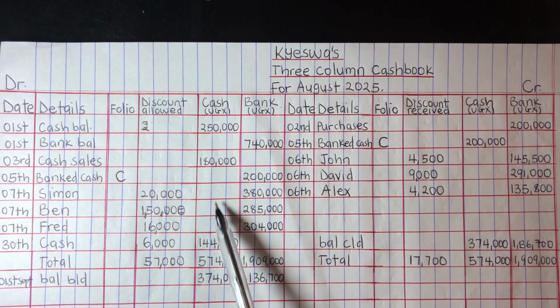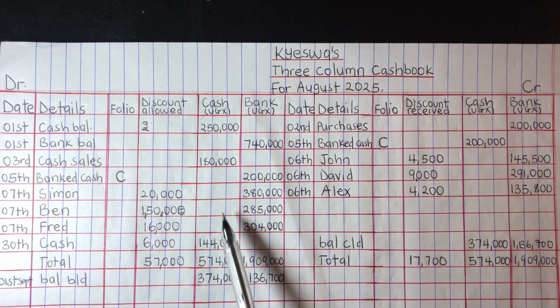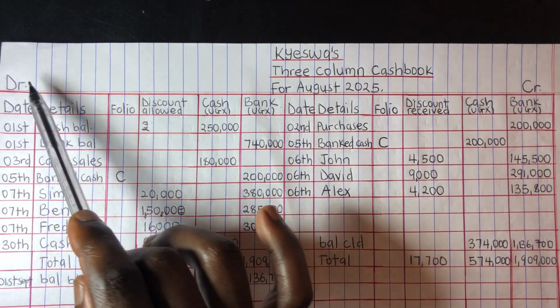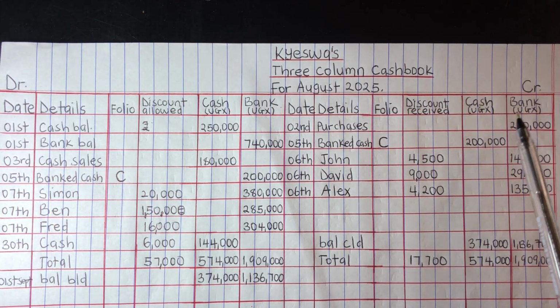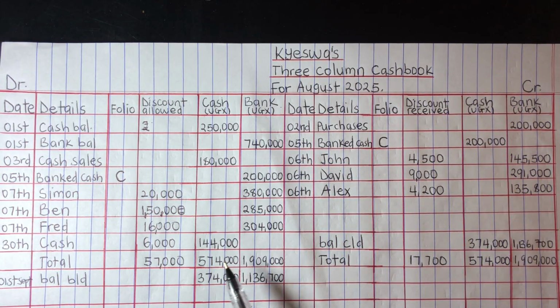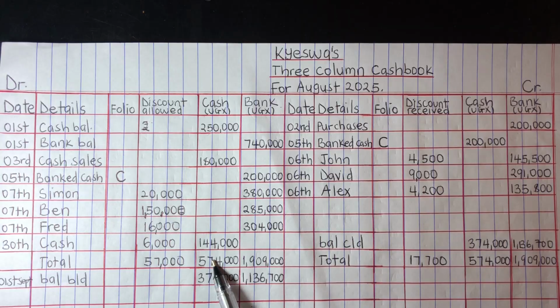So we had the bigger total, which is 574,000 on the cash column in the debit side, and the total of cash on the credit side is 200,000. So you get 574,000 minus 200,000. The difference, or the balance after subtracting, becomes the balance carried down.